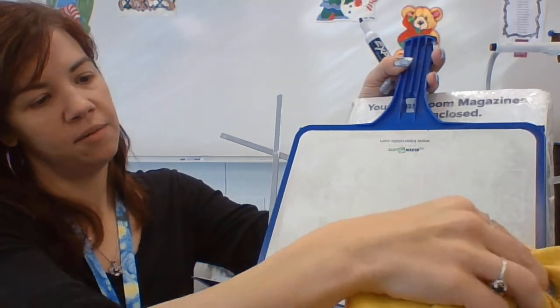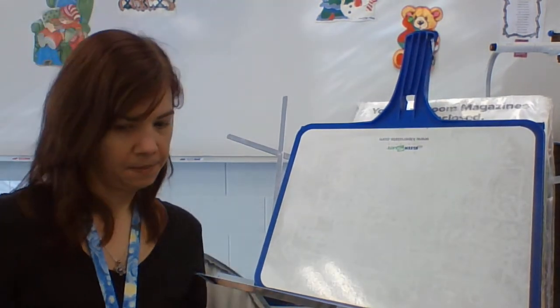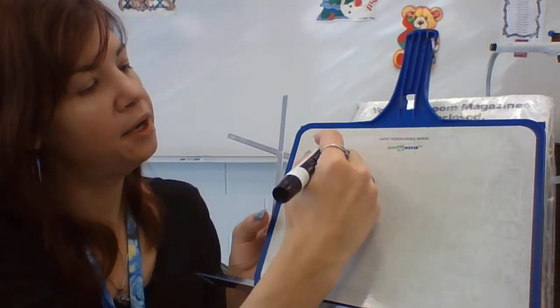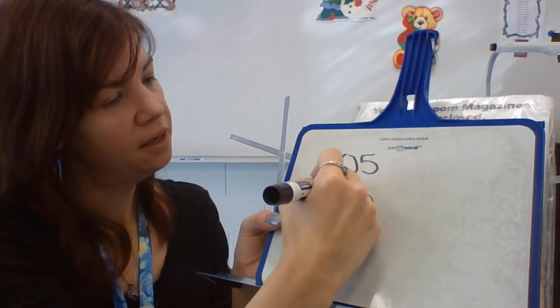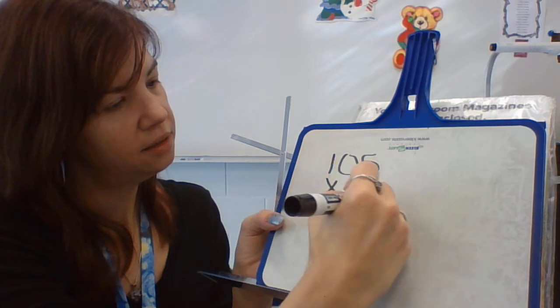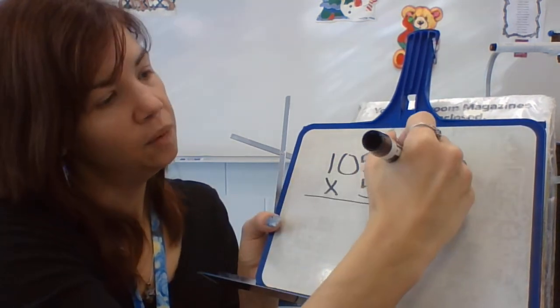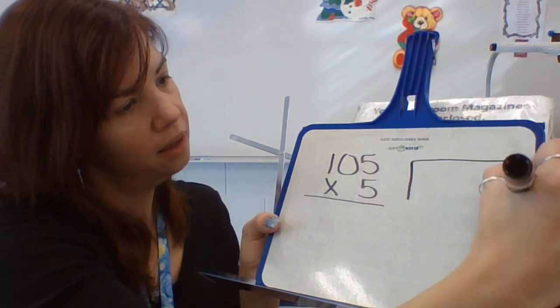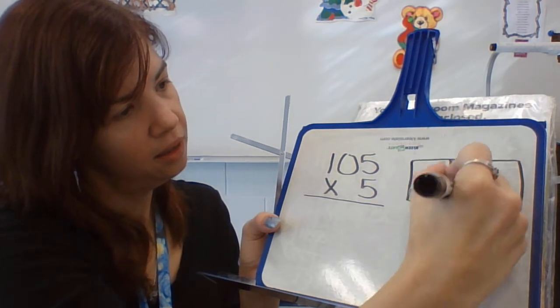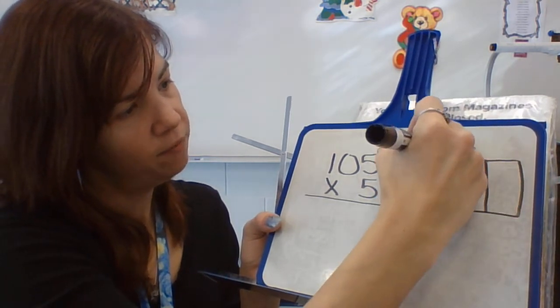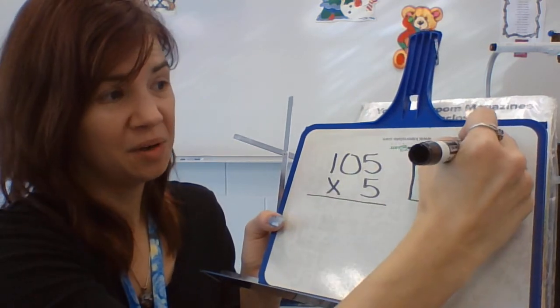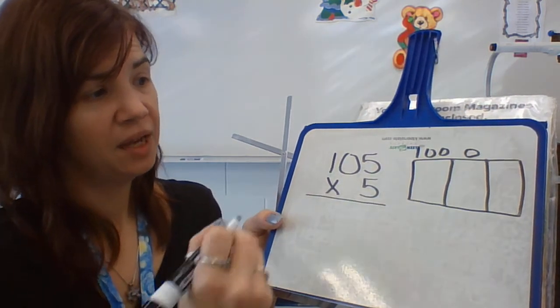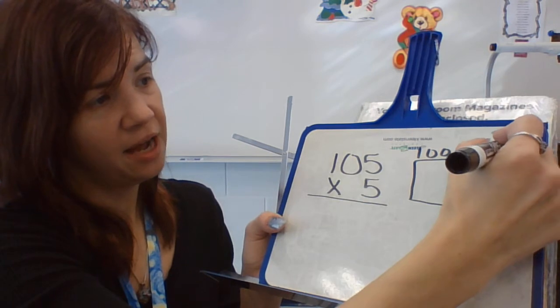All right, let's look at number 3. Number 3 says 105 times 5. So I have 100. Well, this is interesting. I don't have a 0, so I'm just going to put a 0. And then I have a 5.